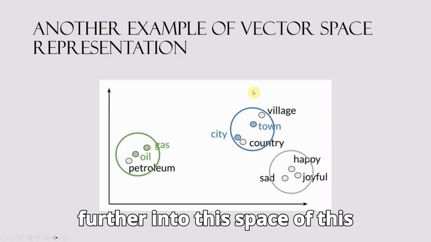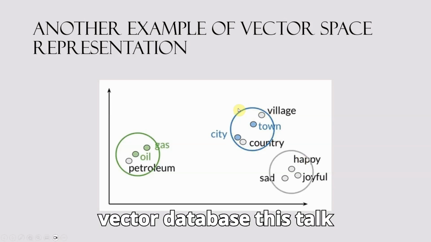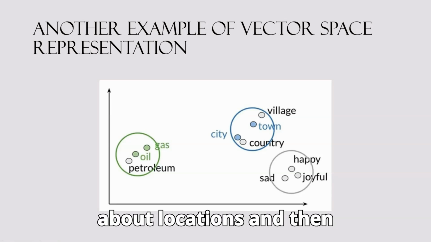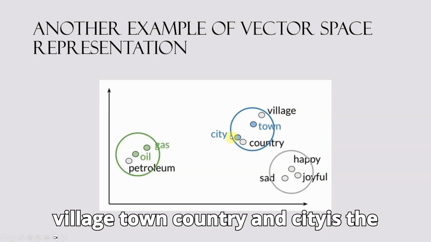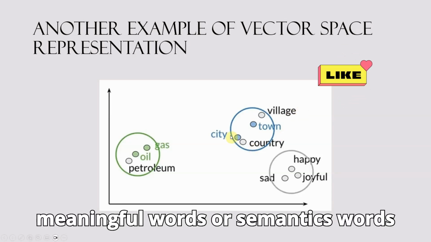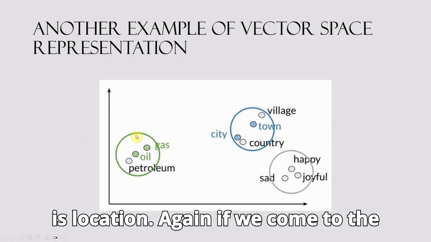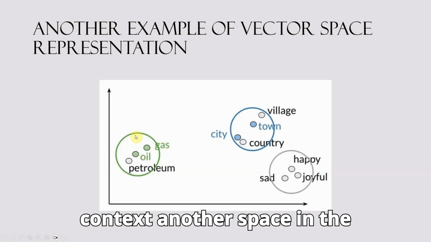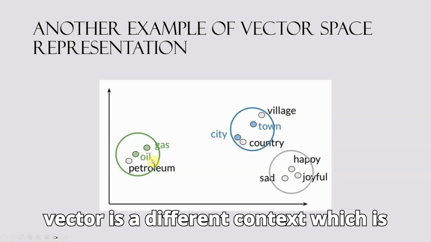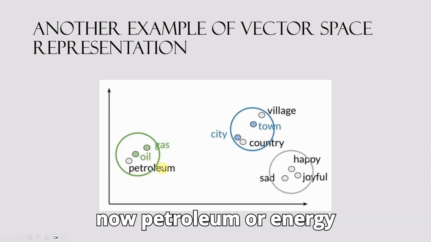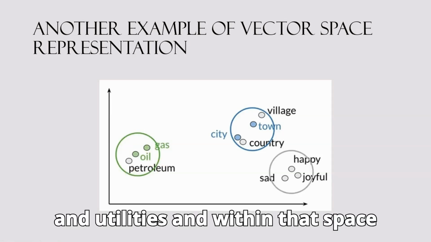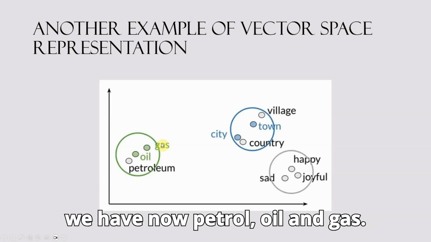If we move further into this space of the vector database, this talks about locations, and village, town, country and city are the semantic words available in this space, and the context is location. Again, if we come to another space in the vector space, it is a different context which is now petroleum, or energy and utilities, and within that space we have petrol, oil and gas.